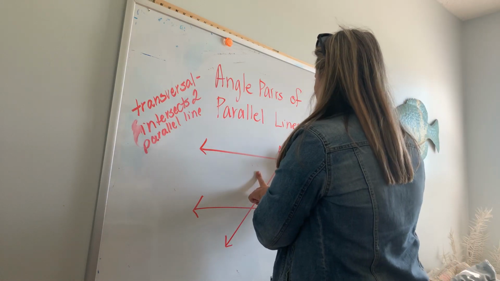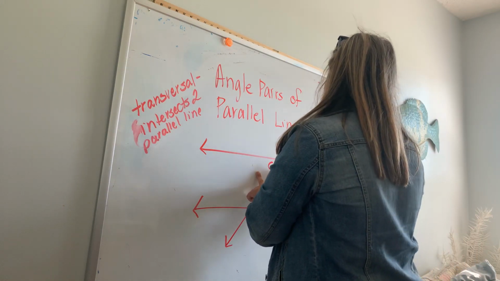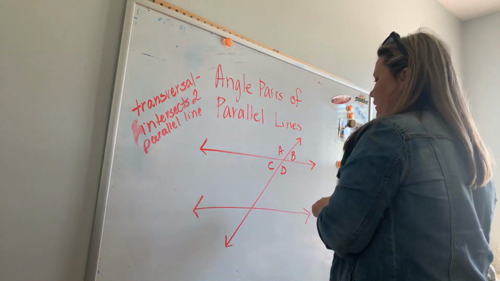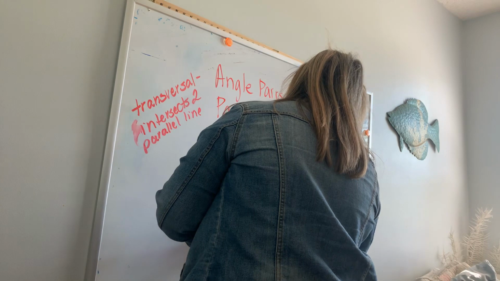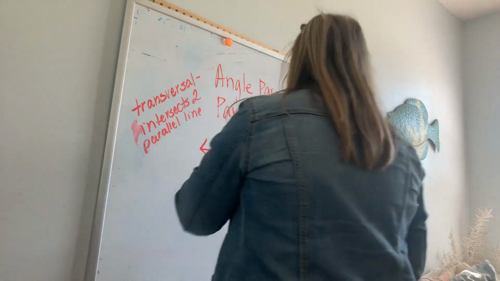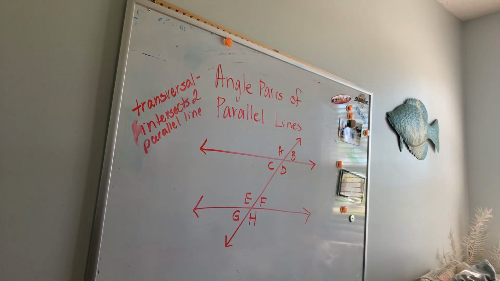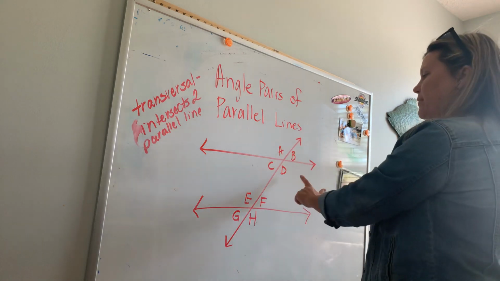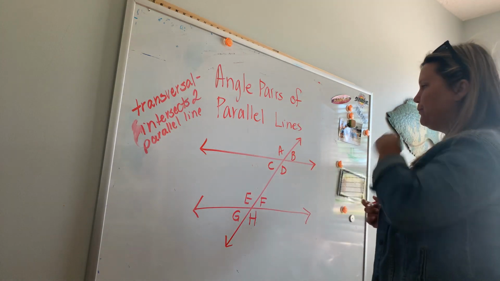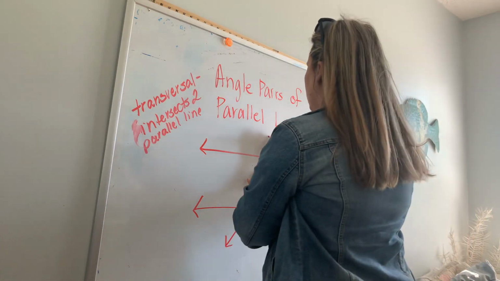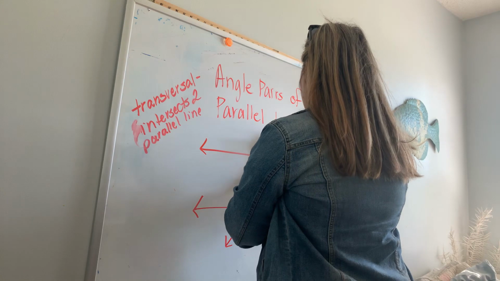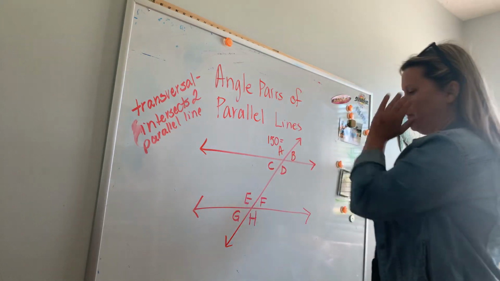I'm going to name all of these angles: A, B, C, D, E, F, G, H. What's fun about these is that once you know one angle, you can figure out what the measurement is for all of them. So going back to what I just said a moment ago, let's say that angle A is 150 degrees.